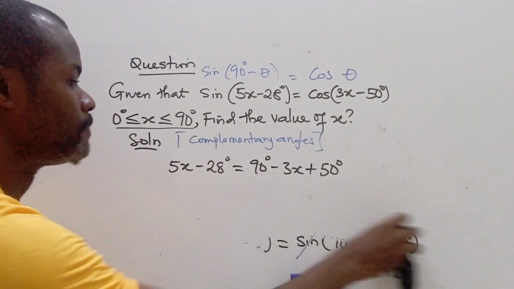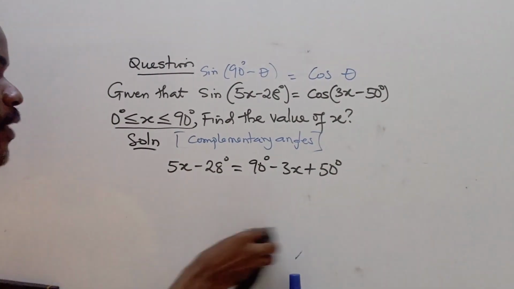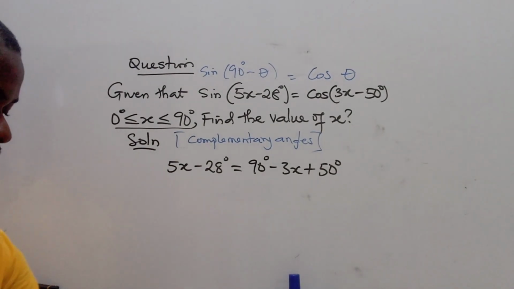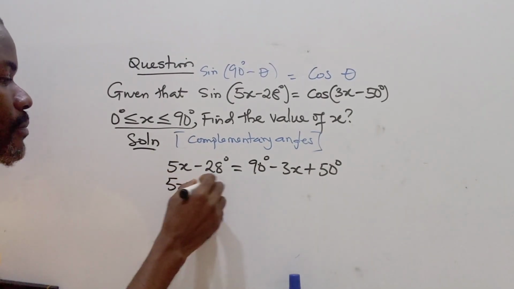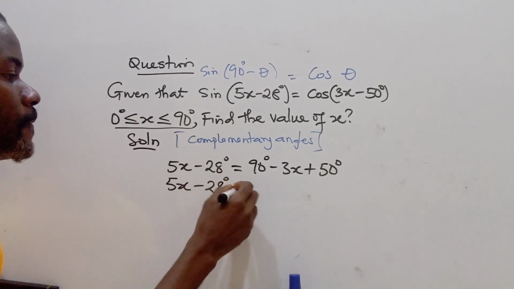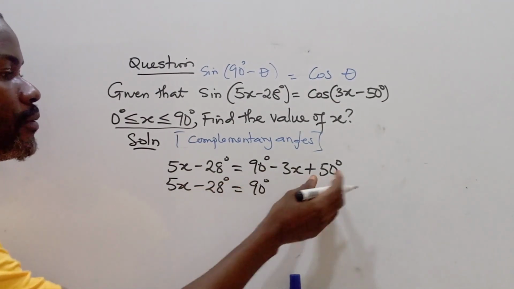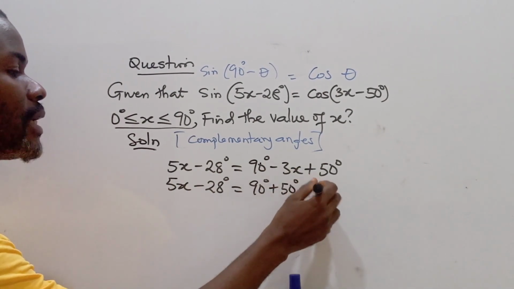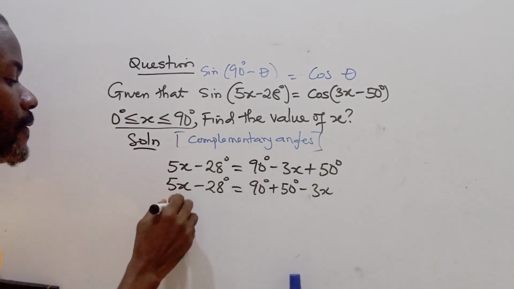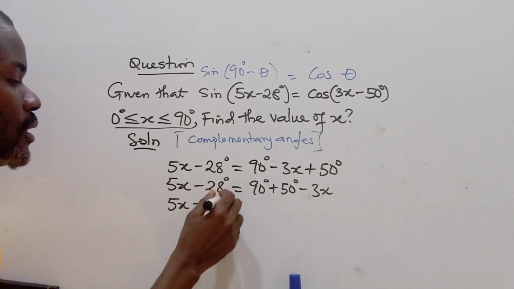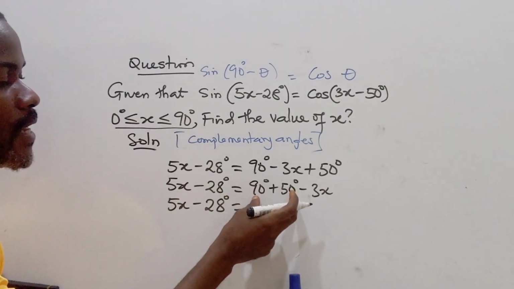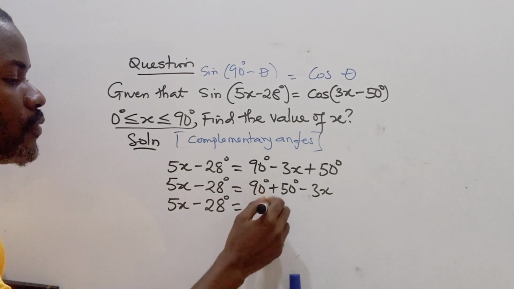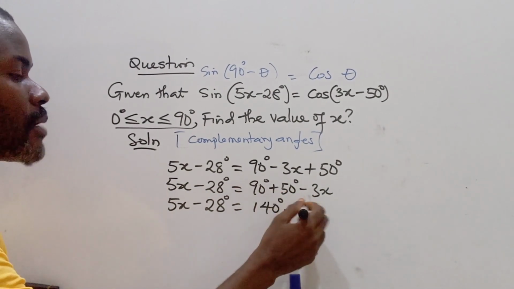From this, we can now collect like terms. Here is 5x minus 28 degrees. This is 90 degrees, which we can bring closer, so we have plus 50 degrees minus 3x. So this is 5x minus 28 degrees, which is equal to 90 plus 50, which is 140 degrees, minus 3x.